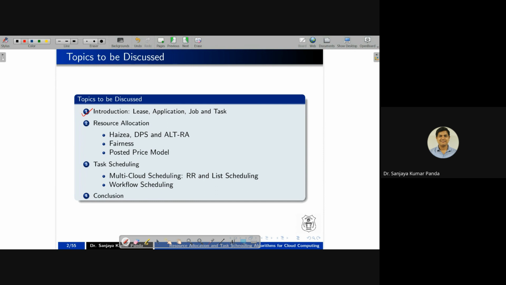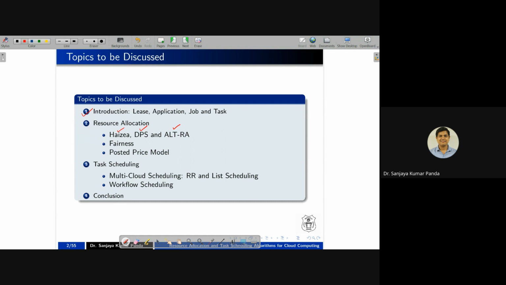That we'll discuss. After that, we'll discuss an improvement over the Haizea algorithm called dynamic provisioning scheduling, the DPS algorithm, which performs better in comparison to the Haizea algorithm. And there is another algorithm called alert time based resource allocation, ALTRA. This algorithm is again an improvement over the Haizea and DPS algorithms.